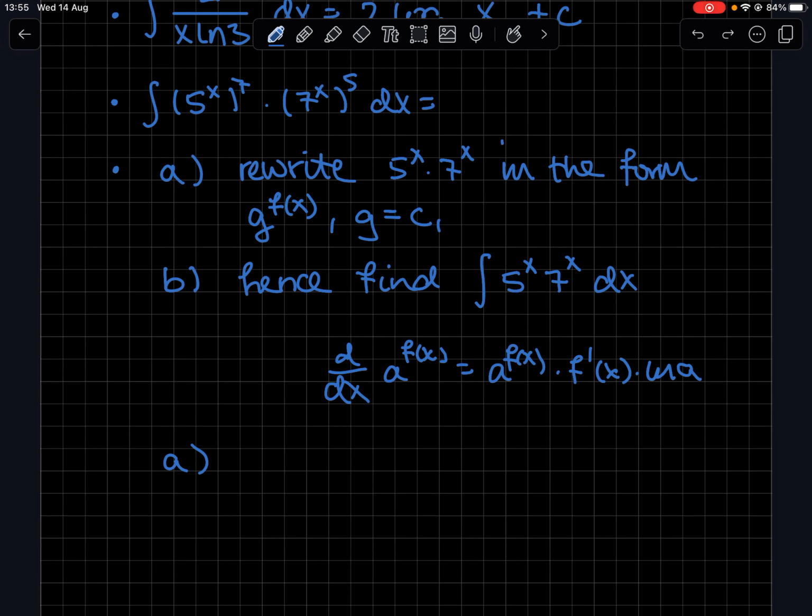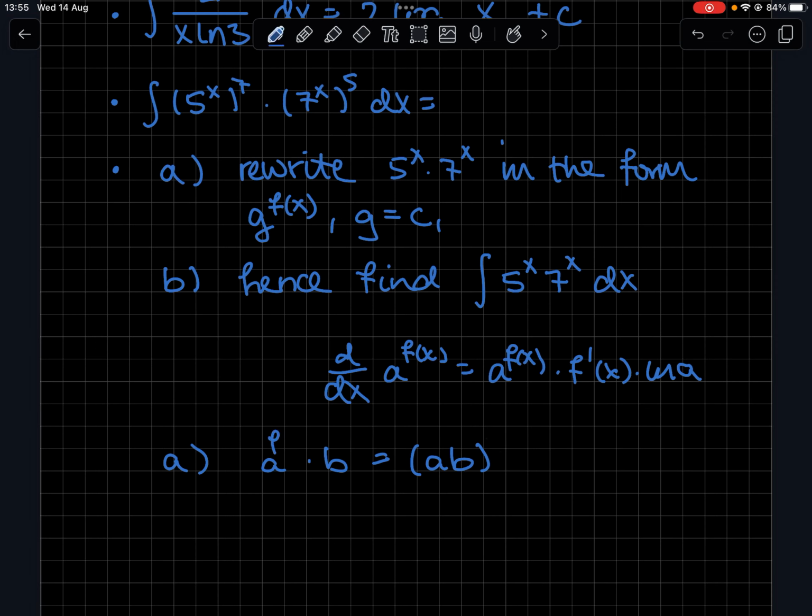So our last step is going to be that A to the power of x times B to the power of x is equal to AB to the power of x. Or we can even replace this by f of x's.